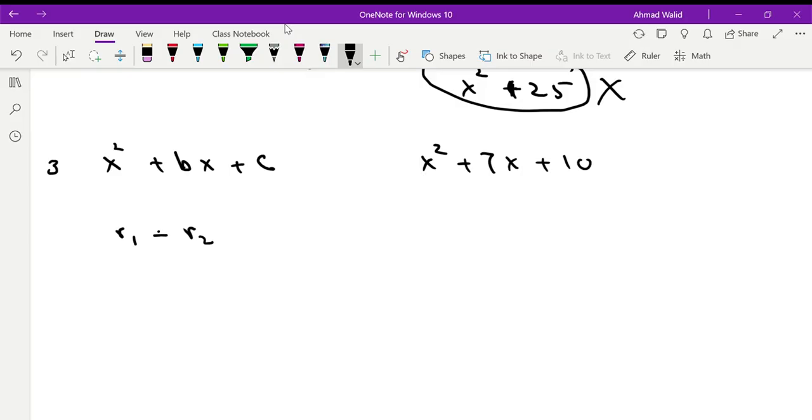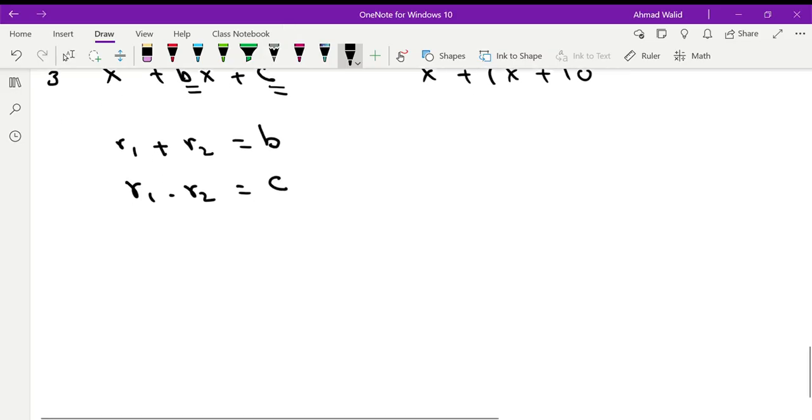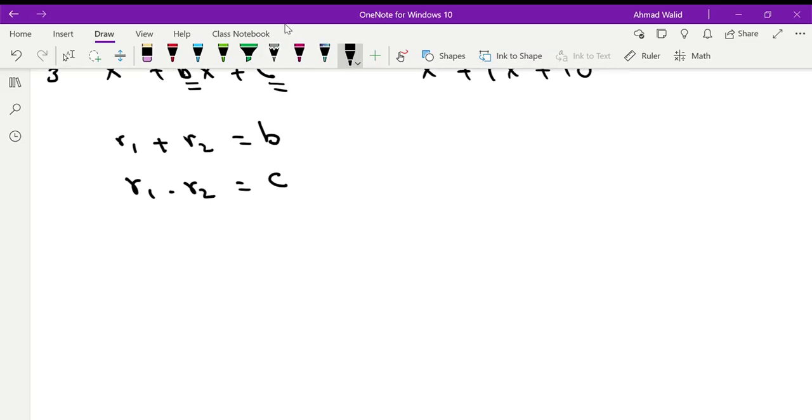If you add these two numbers, it should always give you B, the coefficient of x. And at the same time, when you multiply these two numbers, it should give you C. If you can find those two numbers, easily you can factor. But how to choose? I'll give you 4 cases.